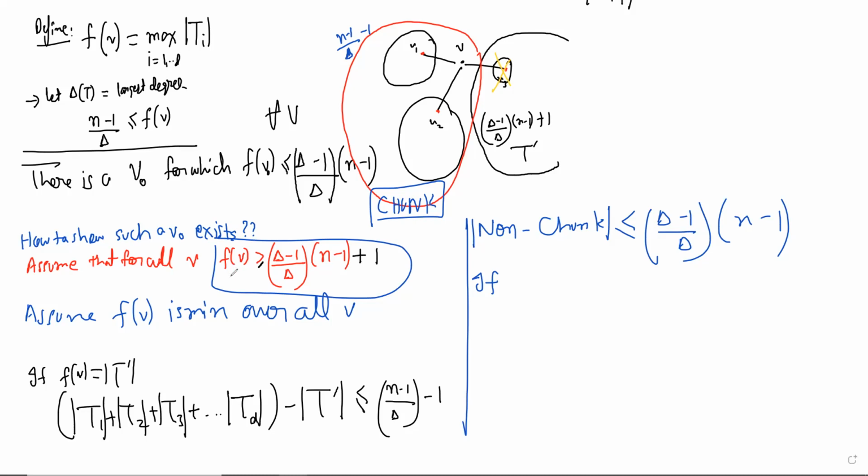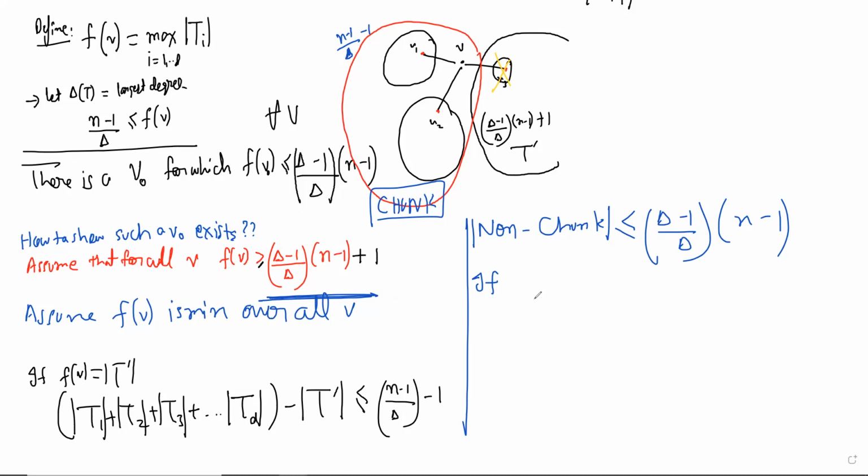So on top of that, let us assume that V is the vertex for which FV is the minimum possible, and yet FV is more than this.